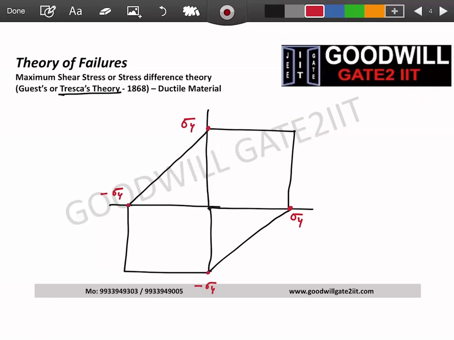And now what we have done simply is we have connected these boundaries. You see, we have connected this, and this, and then this, with both the regions.